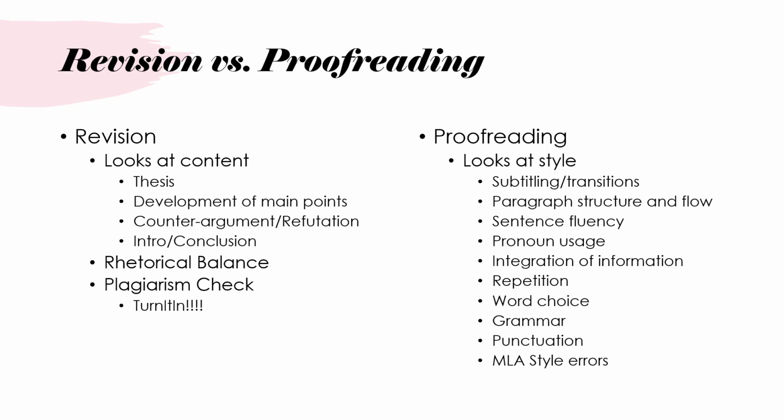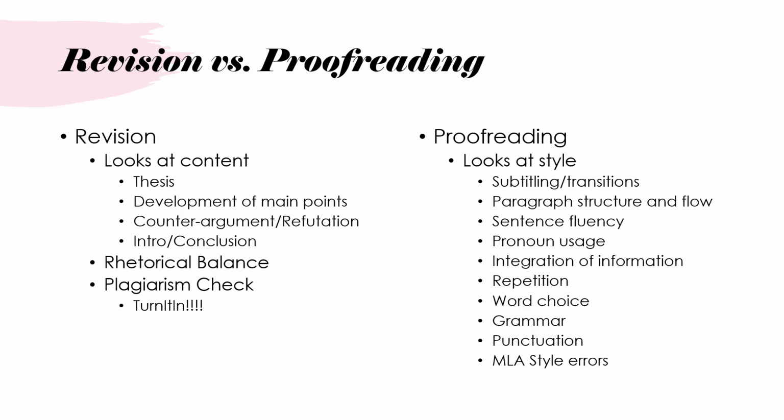We also, in the proofreading stage, want to look for MLA-style errors. Now, this is different than a plagiarism check. A plagiarism check is going to make sure that I have not copied anything without giving credit. Okay? An MLA-style check is going to make sure that words are capitalized when they should be, that the periods are in the right locations, that you put quotation marks around titles of articles, but italicize titles of books and websites.